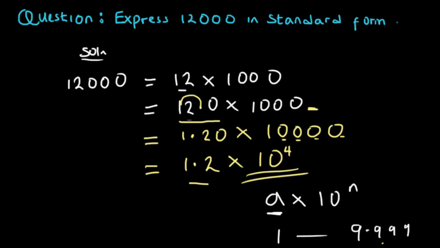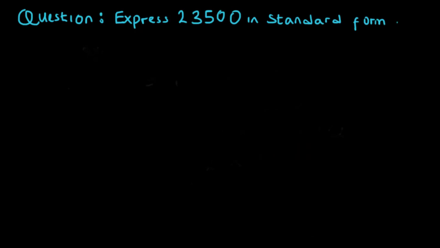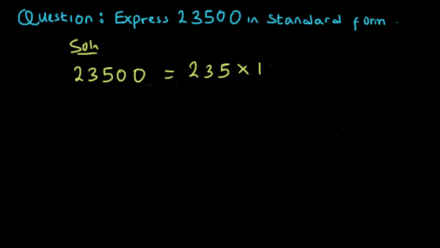Let's take another question. So we have express 23500 in standard form. So we have 23500. We want to express it in standard form. Now 23500 has 2 zeros, so we'll be having 235 times 100. I hope you understand. And this is the same thing as 235.0 times 100. Does this make sense?